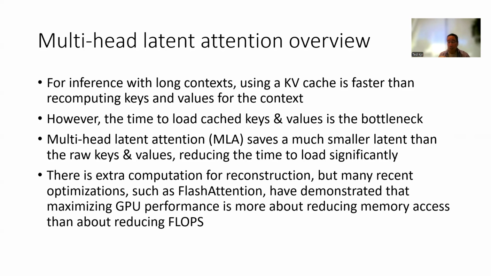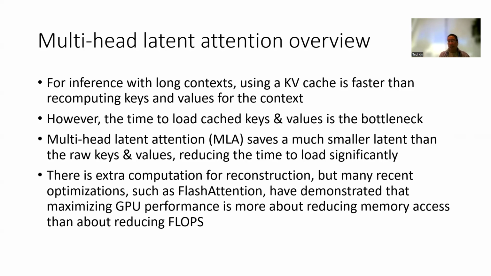But if you're familiar with things like flash attention, and I think it's now on flash attention version 3 or whatever, what we've seen lately is that if you want to make your model run really fast, for the most part, what you're optimizing is minimizing GPU memory loads. You're not actually minimizing flops.